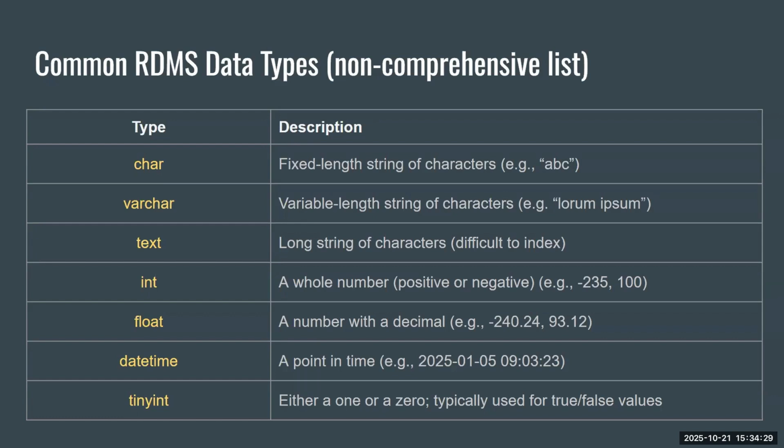Now, in 2025, when storage is cheap and abundant, that's not a big deal. But in 1975, when people started building these things, storage was very expensive. And so if you had a database with a lot of chars in it, then you might fill up your disk, right?